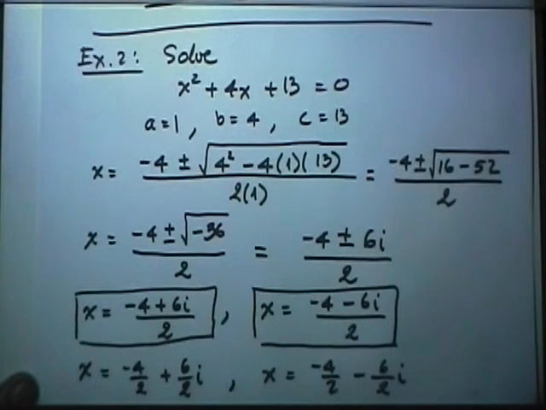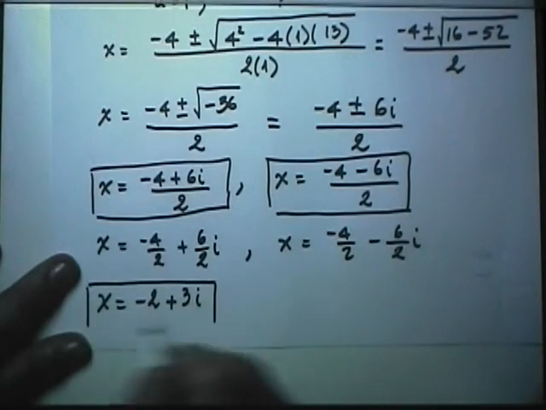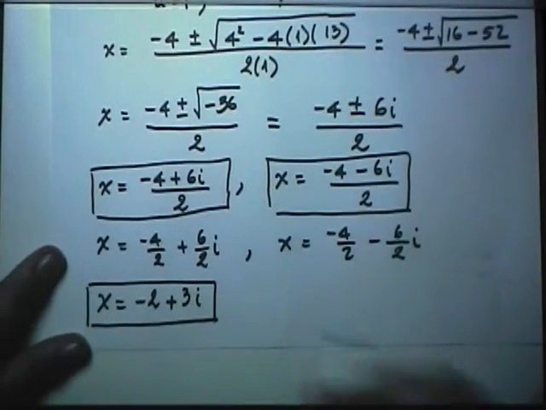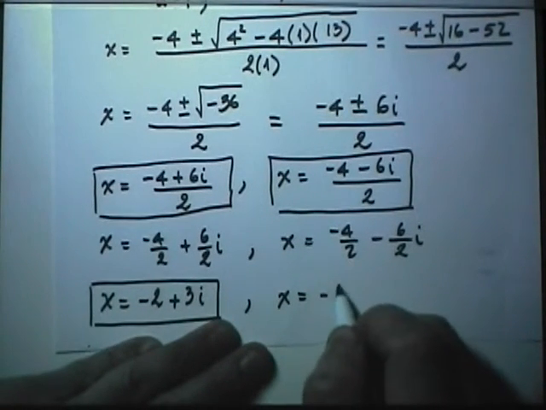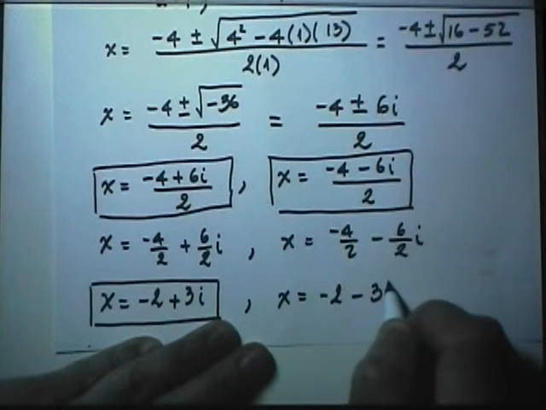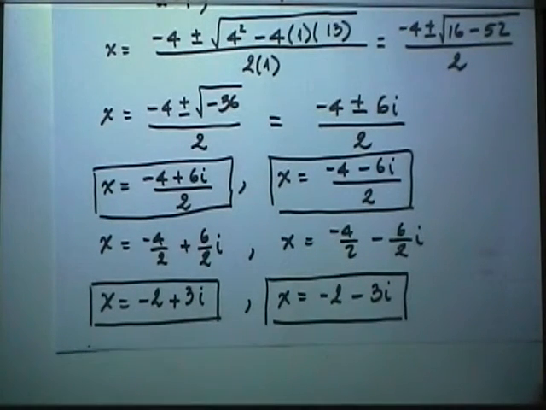So my first x value is minus 2 plus 3i, and the other solution for x is minus 2 minus 3i. That's my solution to this equation.